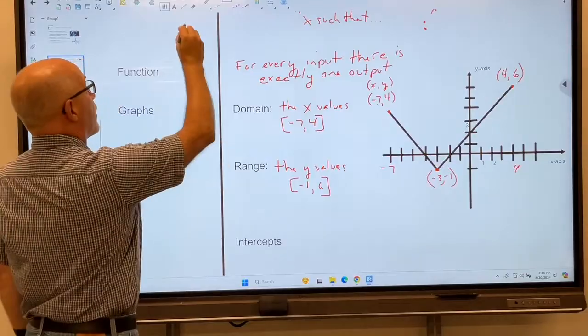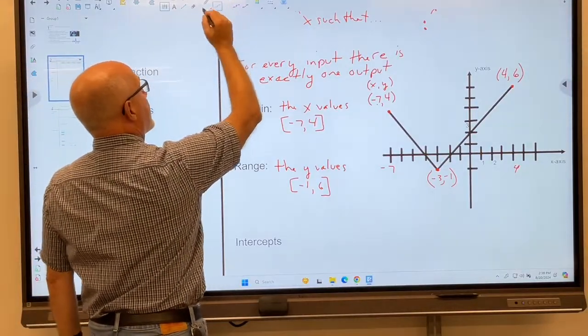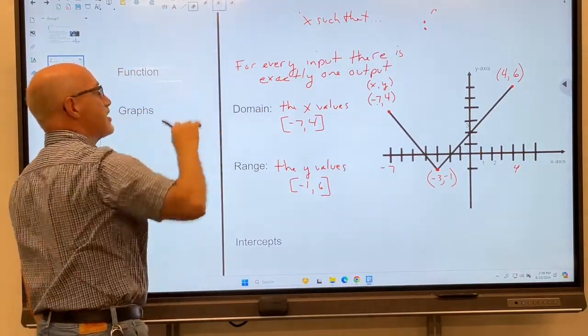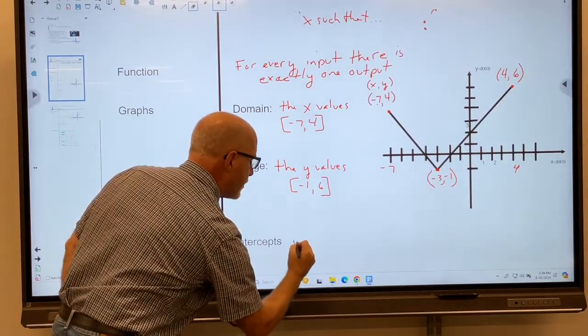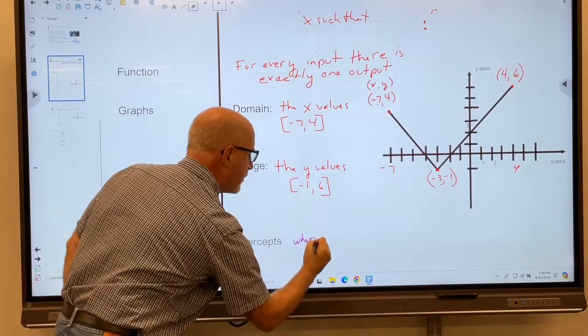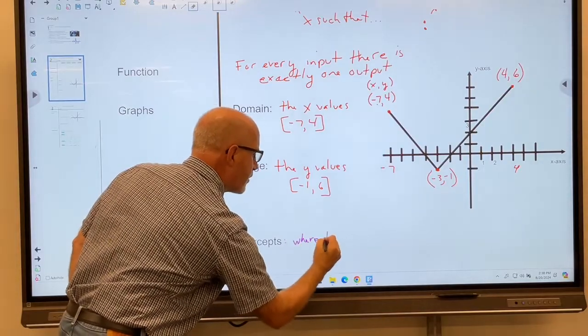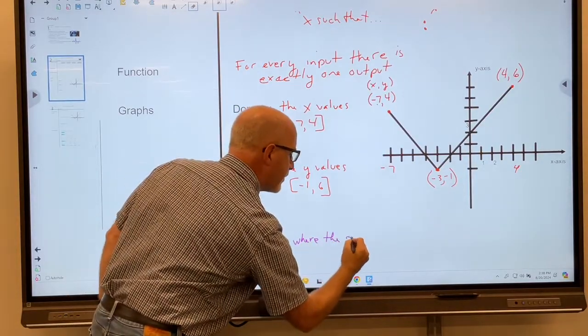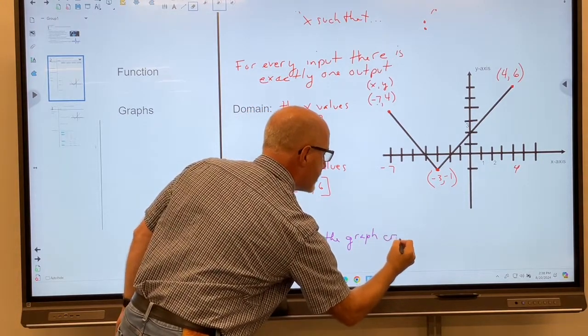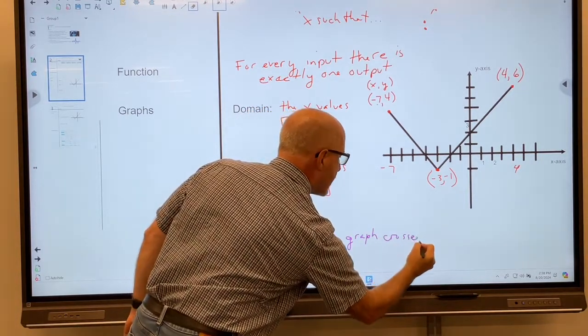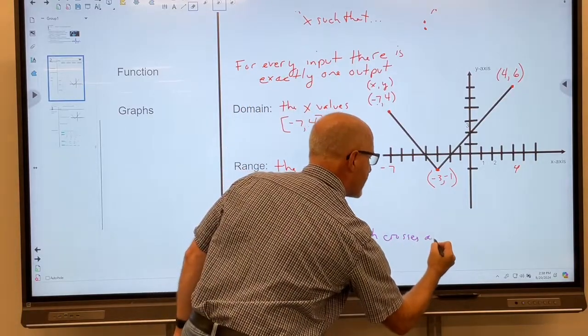Now intercepts are our next important idea here. So intercepts talk about where the graph crosses the axis. Where the graph crosses an axis.